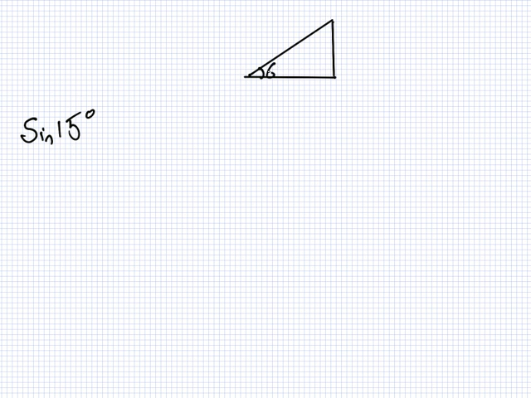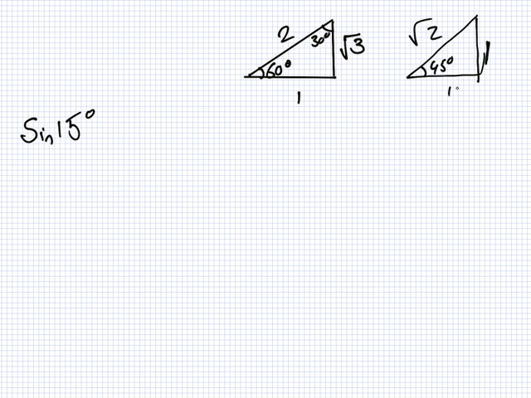Where this is a 60, this is a 1, this is a 2, and this is a root 3. And then you can also use this triangle. That's a 30. That's a 45. 1, 1, root 2. You're allowed to use those two triangles, but you're not allowed to use your calculator. And for example, they would ask you in the exam, calculate sine 15 exactly.